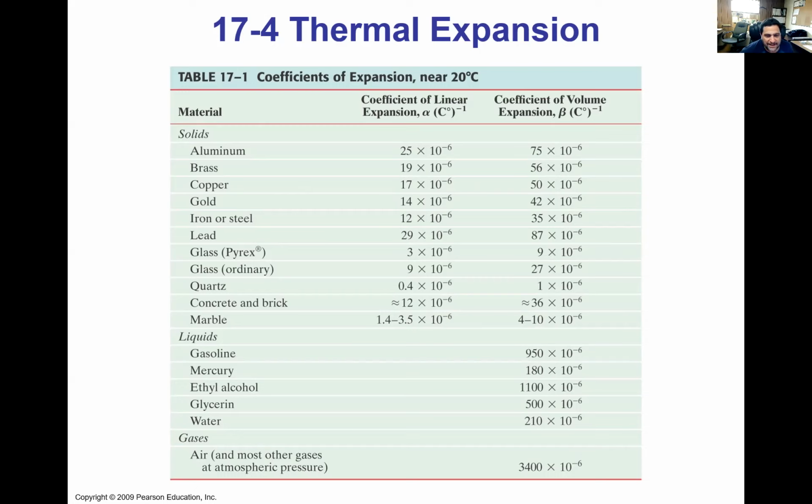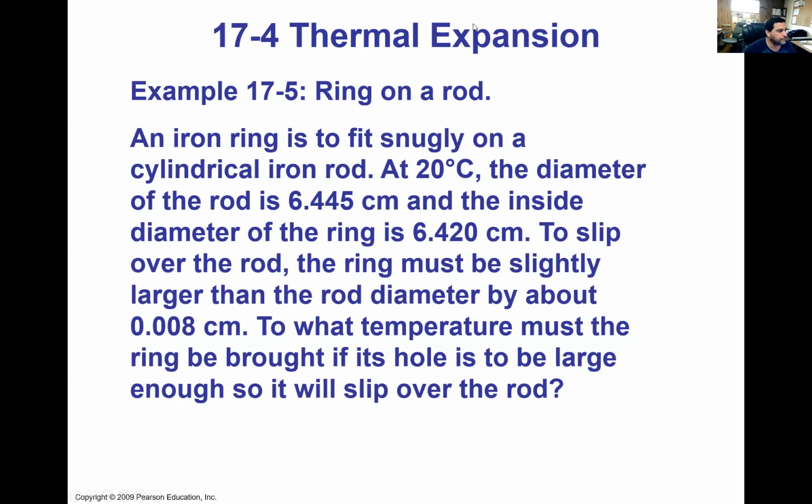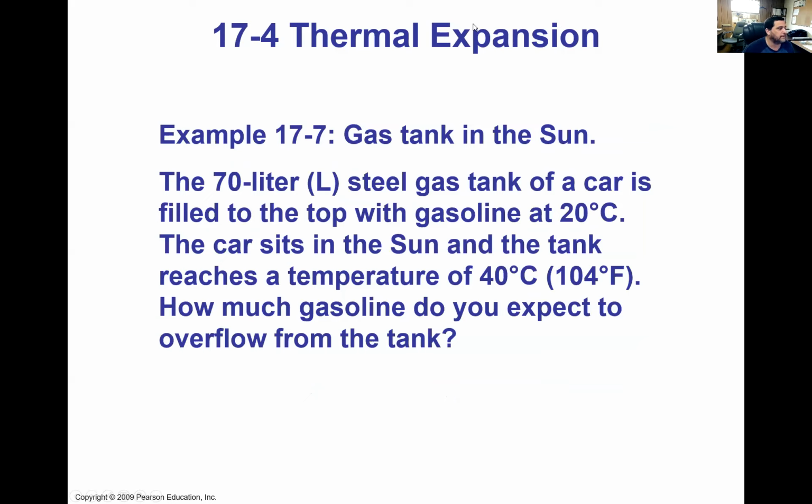So the steel gas tank is 35 times 10 to the minus 6. But the gas tank is going to be filled with gasoline. Take a look at the difference in these coefficients of volumetric expansion. 35 times 10 to the minus 6, 950 times 10 to the minus 6. So the gasoline is going to want to expand much faster than the steel gas tank.